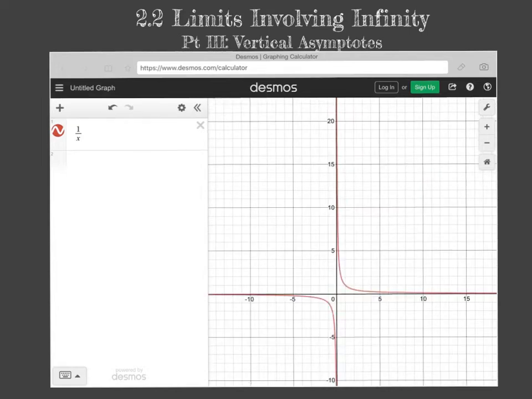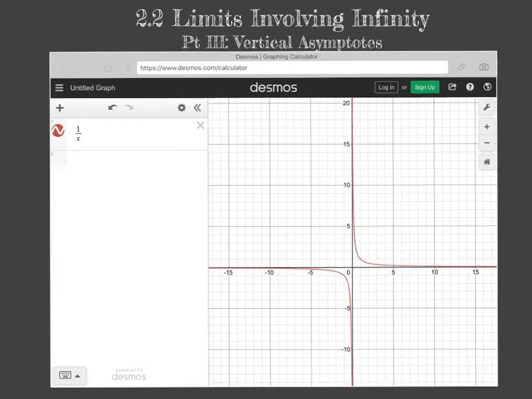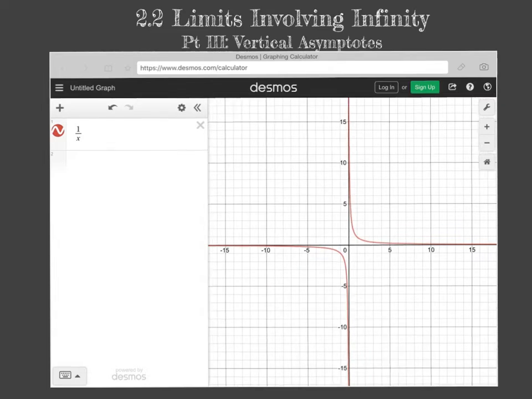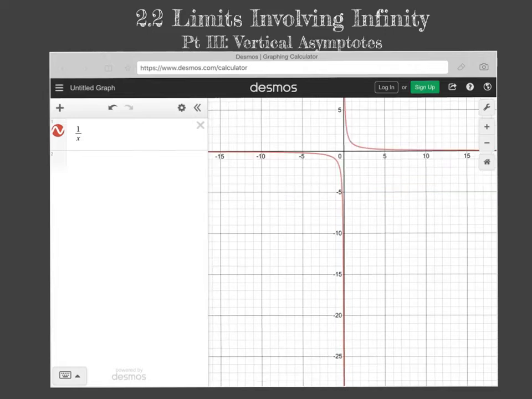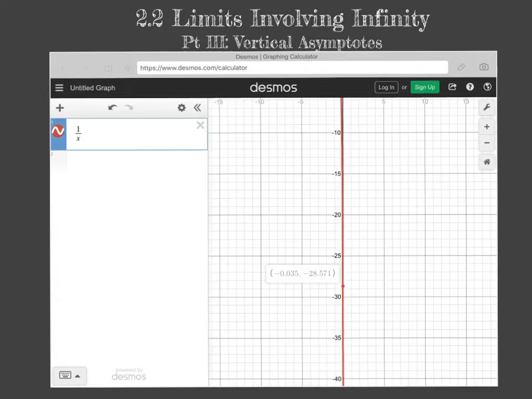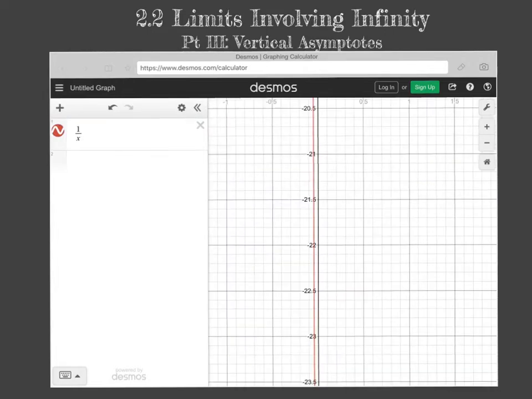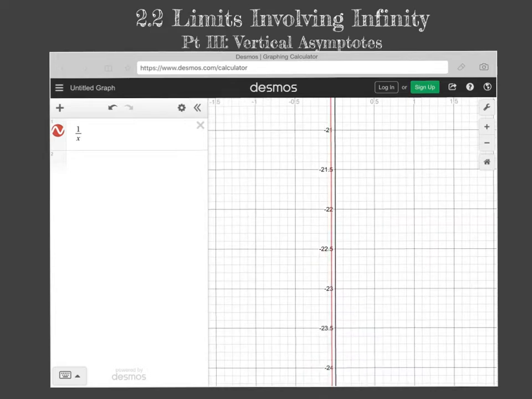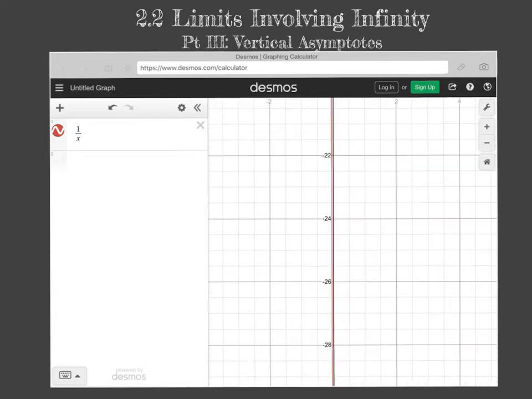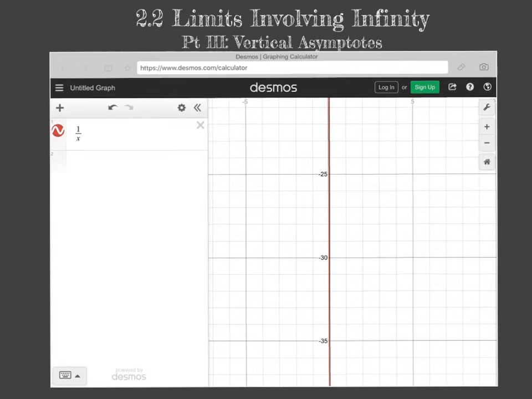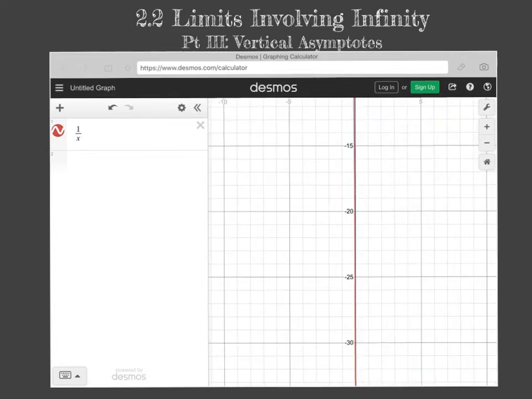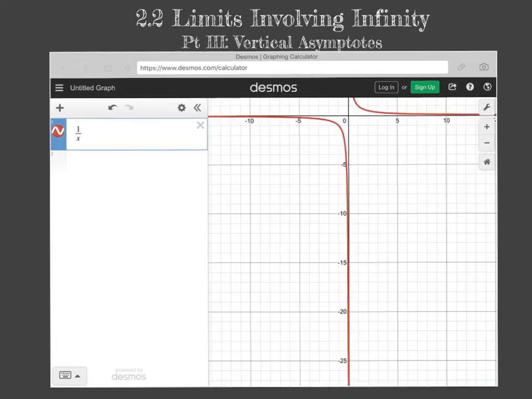It does look like it does if we zoom out. Then if we look to the left of the y-axis, the vertical line x equals 0, we see that our graph is going down towards negative infinity, again never quite touching the line x equals 0, but getting infinitely more negative as we approach x equals 0 from the left-hand side.